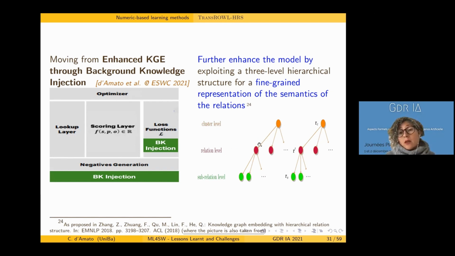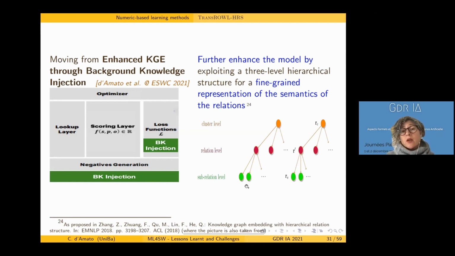At the middle level of the hierarchical structure, we find the actual relationships, and as leaf nodes, we find sub-relationships that are different nuances, with respect to a notion of context, of the very same relationship.